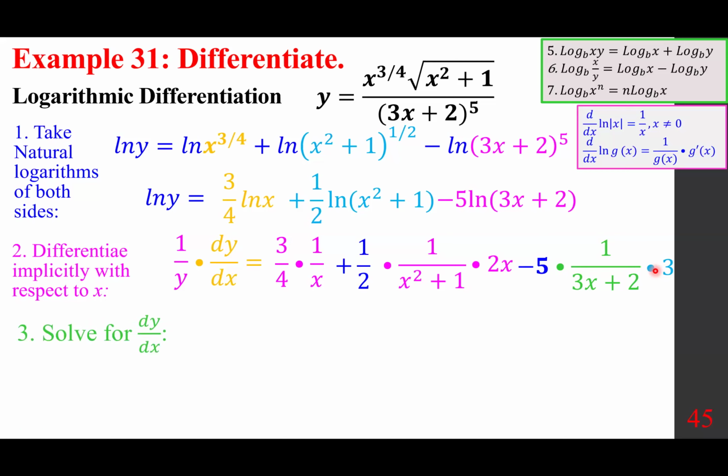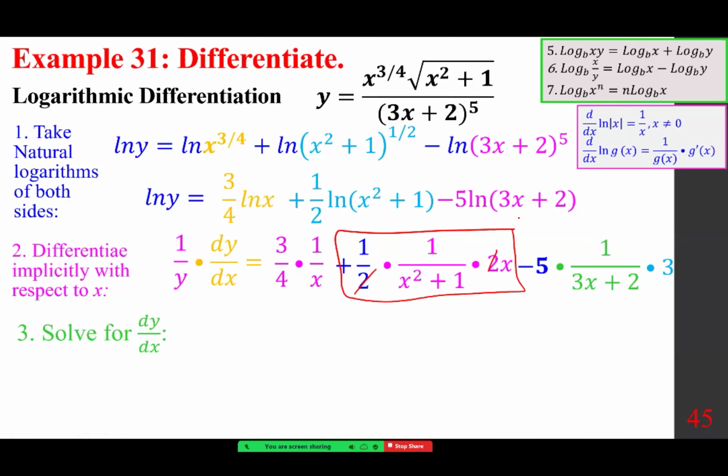Solve for dy dx, which means whatever the right side is times what? Please understand, there is a 1 over y here. So I have to multiply the y by the right side. When we multiply y by the right side, this becomes 3 over 4x. This becomes x over x squared plus 1.